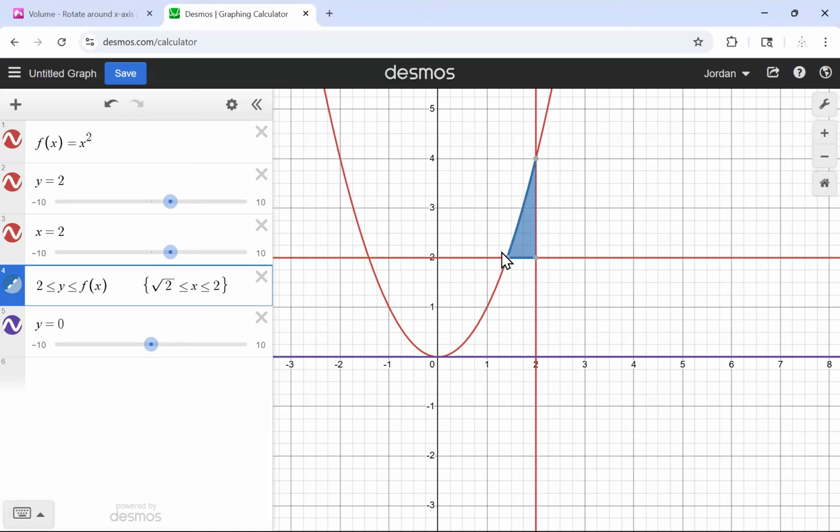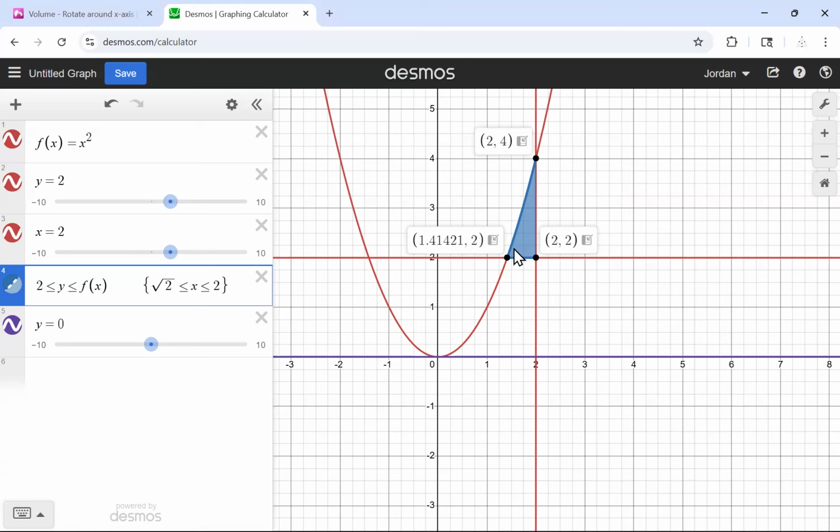Now it might be hard to see, but in this case, this point is the square root of 2, comma 2. This point is 2, comma 2. And this point is 2, comma 4.